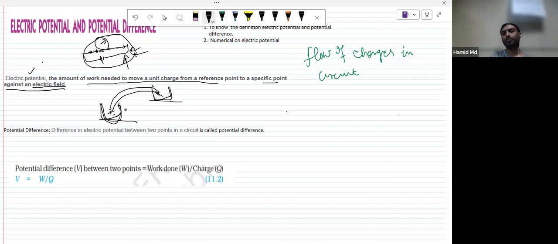So if you have to bring some water to the roof, how will you do that? Using a pipe. You will employ a motor, an electric motor, right? Yes, sir. That will drag the water from one point to another point.